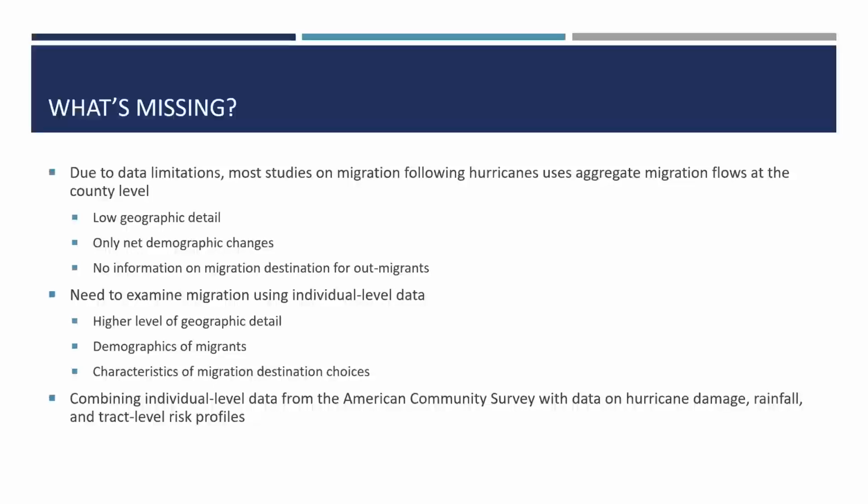So the ACS data, which is a 1% cross-sectional data set, has a retrospective question on migration: where were you living last year? And in the restricted access data, that gets coded all the way down to the tract level based on the address that they give. So for instance, somebody who's living in California but was living in New Orleans a year ago, you'd ideally be able to identify not only the city, but the tract that they were living in.